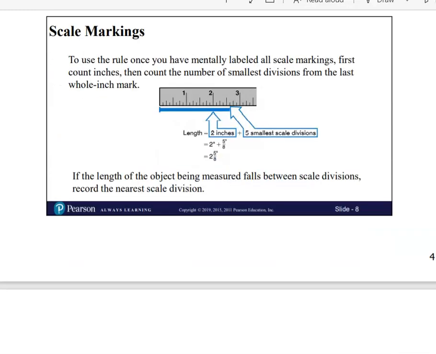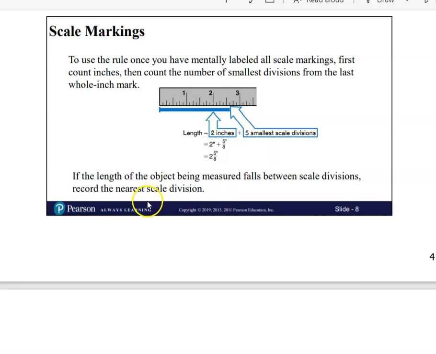To use the rule, once you have mentally labeled all scale markings, first count the inches, then count the number of smallest divisions from the last whole inch mark. So if you start counting here, we would go past the 1, 1, 2, 3, 4, 5, 6, 7, to the next one, which would be 8. So this ruler is going up by 8s.